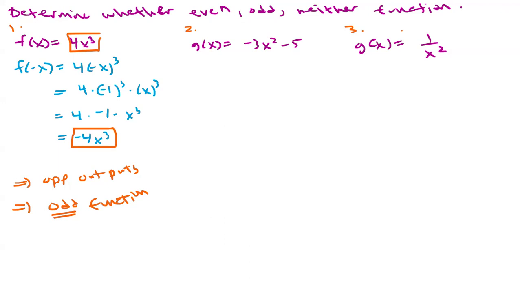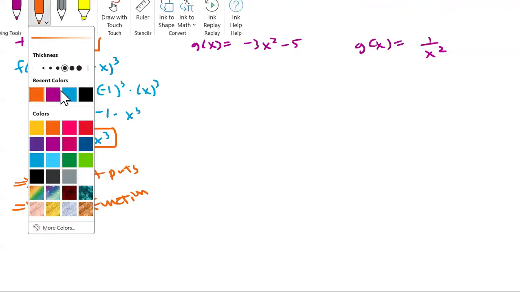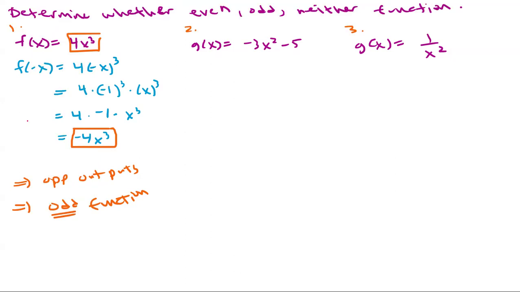All right. So again, what we need to do here is plug in a negative x for a function. So we have g of negative x. So negative 3 times negative x squared minus 5. Well, the negative x squared, because it's being squared, that's just going to be positive, right?